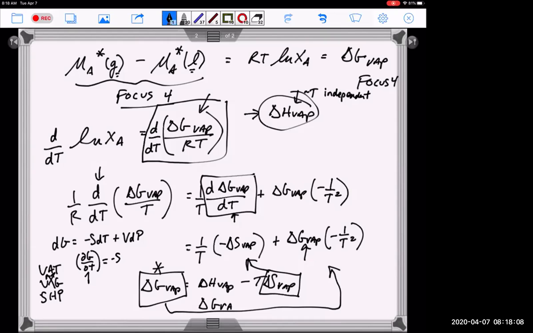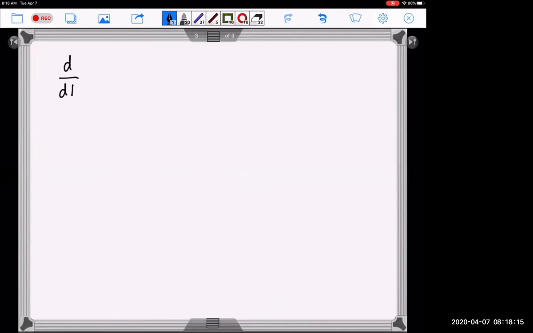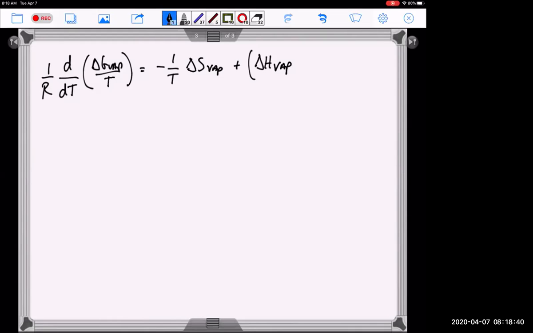So if we redo that, then this term, d/dT of 1 over R of delta G of vaporization over T is equal to minus 1 over T delta S of vaporization plus delta H of vaporization minus T delta S of vaporization, right?